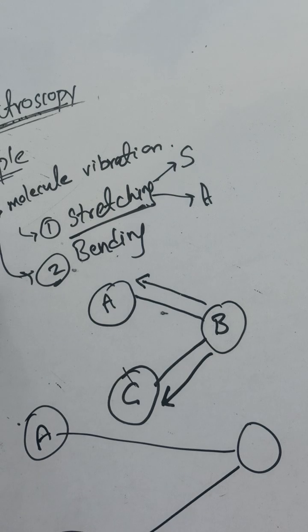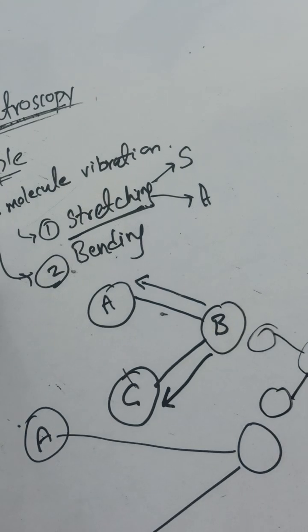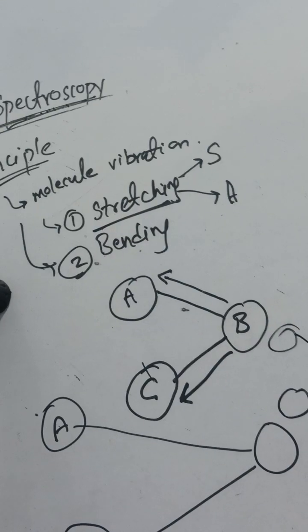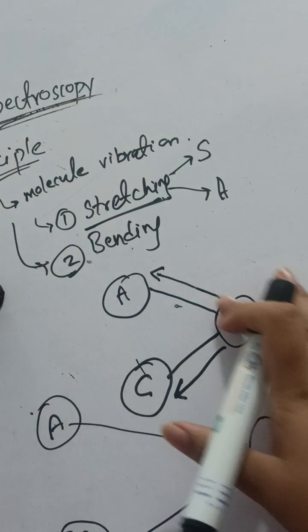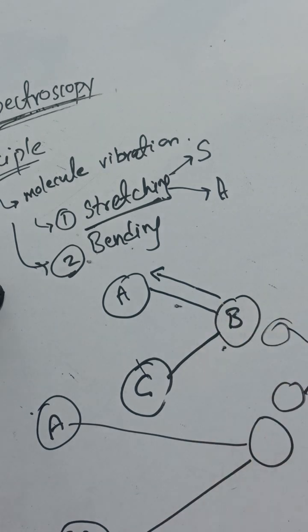Or let's consider the other case in which both bond lengths decrease, like this is B, this is A, and this is C. Now their bond length is decreased. This is the symmetrical stretching. Now in the asymmetrical stretching, one bond will move away while the other bond will move towards B.